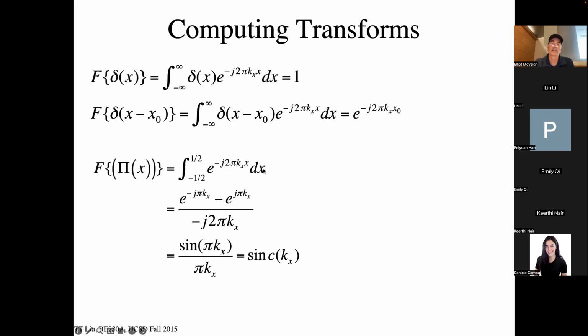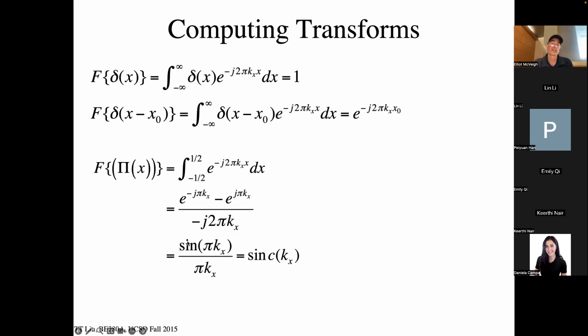And when you figure out how to do this finite integral, which I leave to you as an exercise, this is the equation you get from that finite integral. And this, when you rearrange it, using Euler's theorem again, becomes sine of pi kx over pi kx.